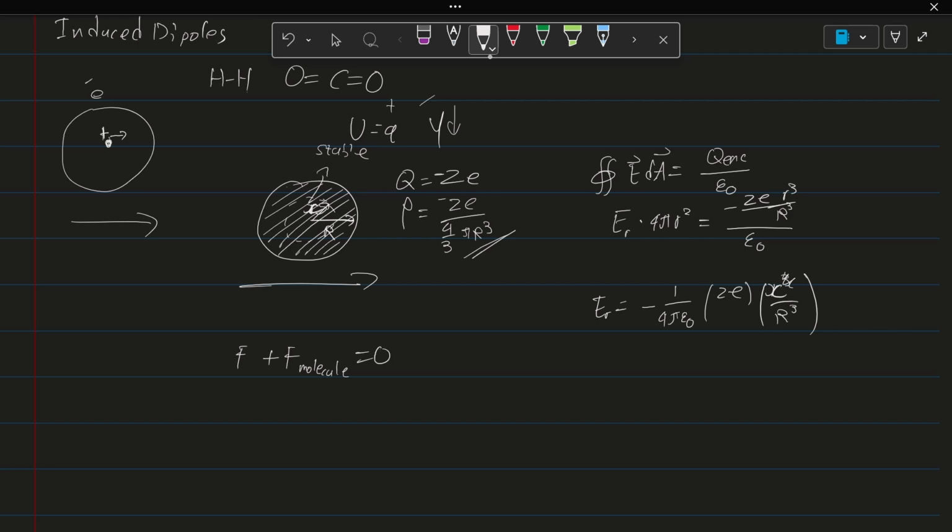And the force from the outside is just the charge, which we'll call small q, like we'll call the nucleus small q, times the electric field, which is equal to negative q times the electric field generated by the molecule.